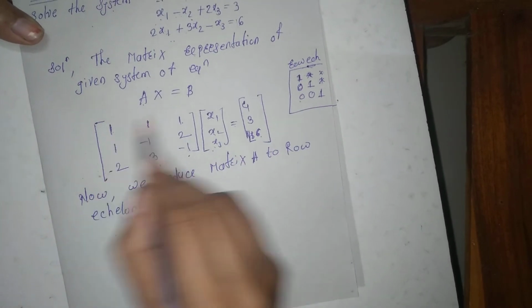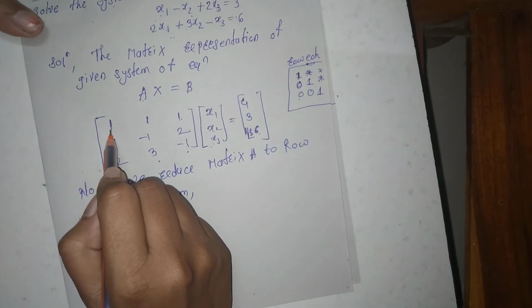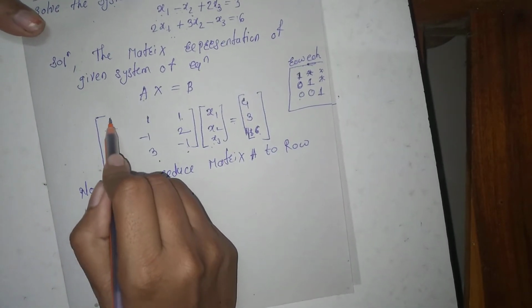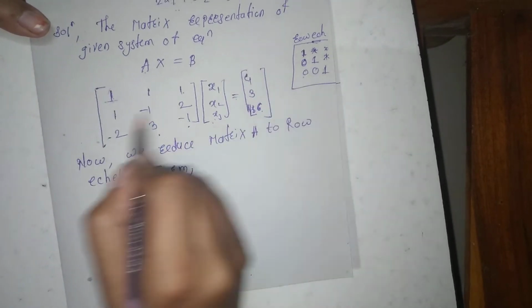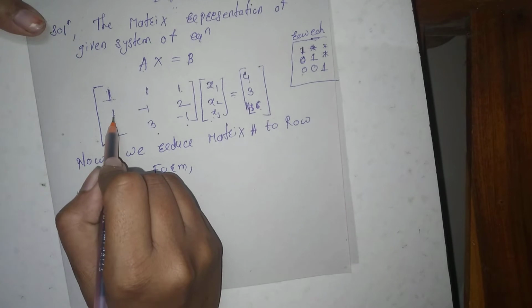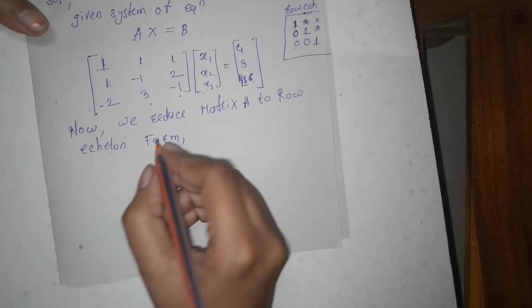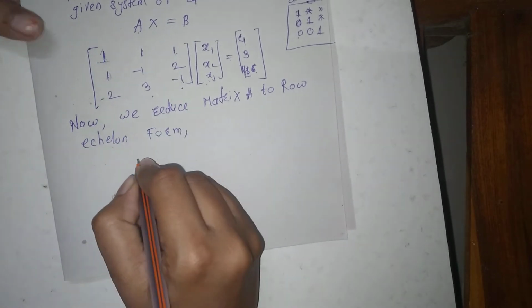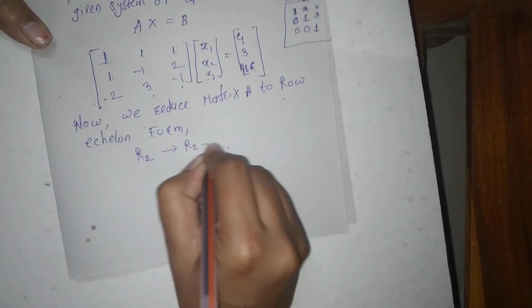In matrix A, the first row has leading element 1, but the second row does not have 0 in the first position, so we have to create this 0 with a row operation. R2 changes to R2 minus R1.